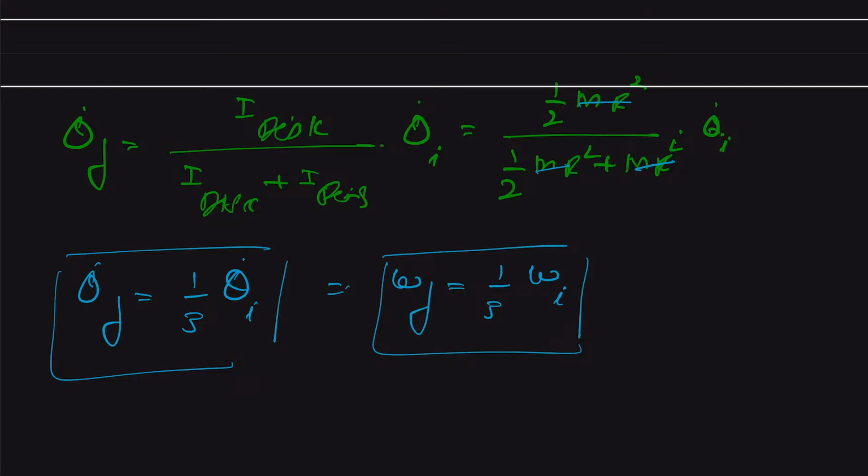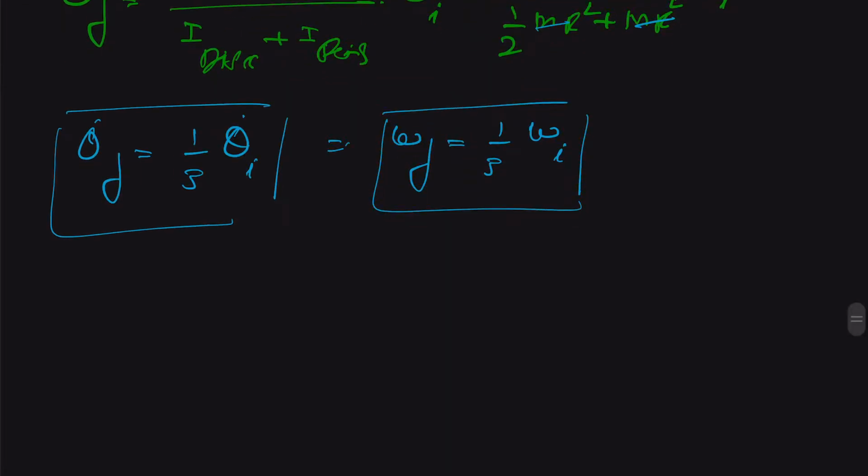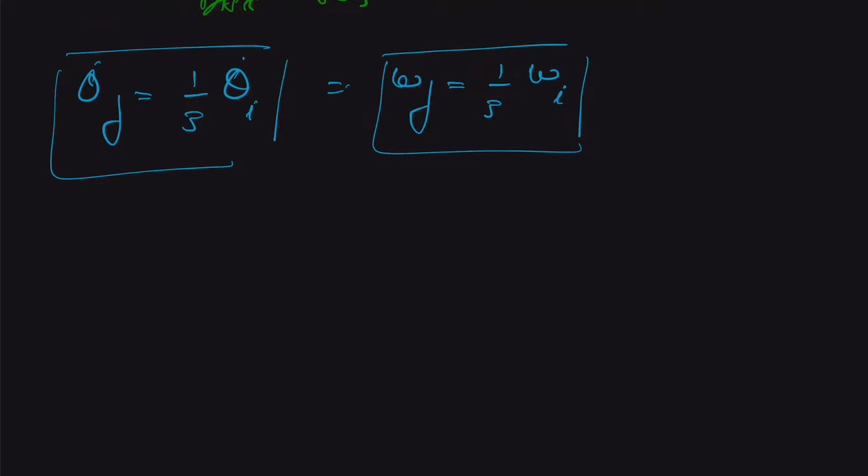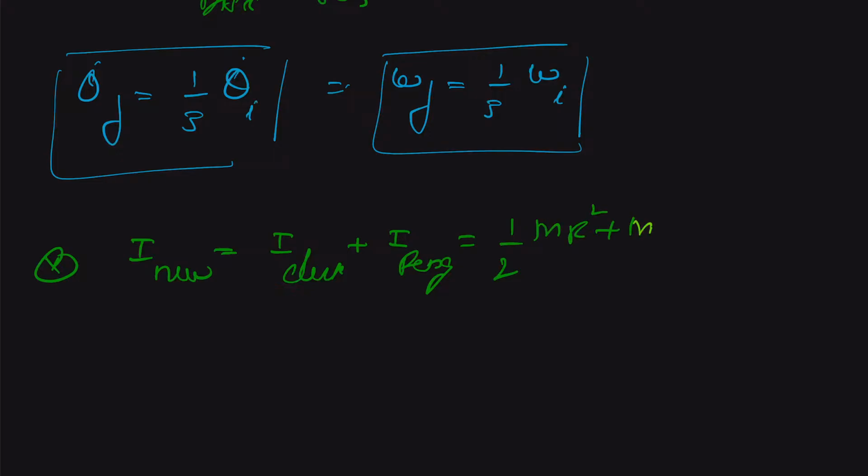And we are interested in the new angular frequency, so our new moment of inertia will be equal to I of disk plus I of ring, which gives half MR square plus MR square, giving us 3 by 2 MR square.